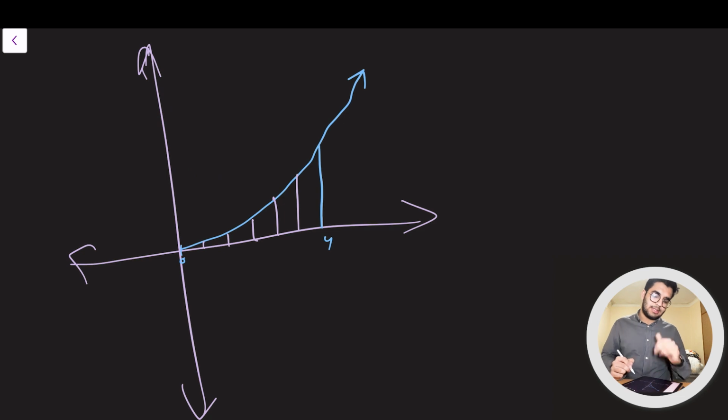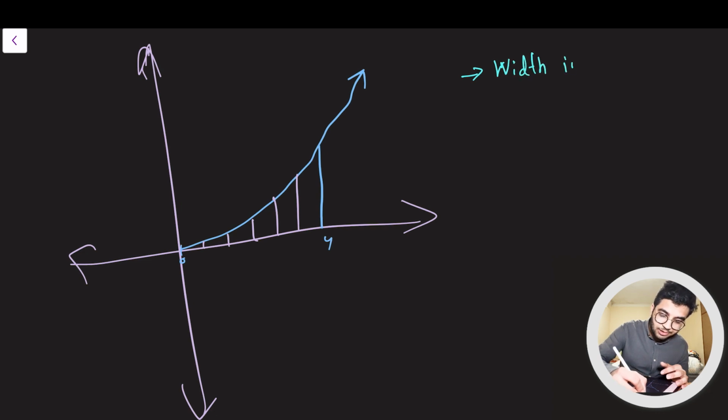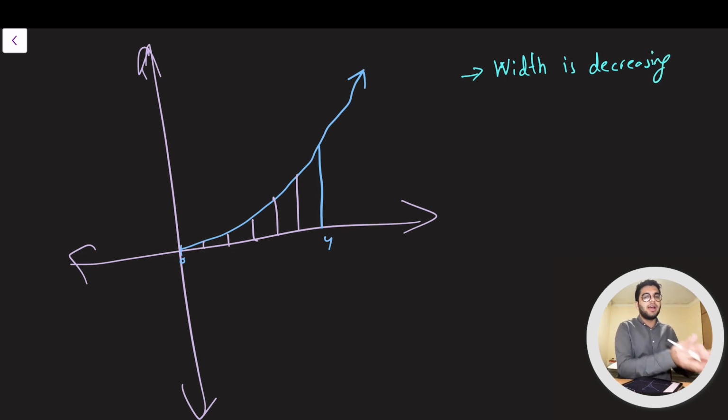So let's just note down what will happen as you increase the number of rectangles. First of all, the width of each rectangle is going to decrease. Obviously, because you're trying to cram in more and more rectangles in a finite space, you have to make them smaller. That's pretty obvious.